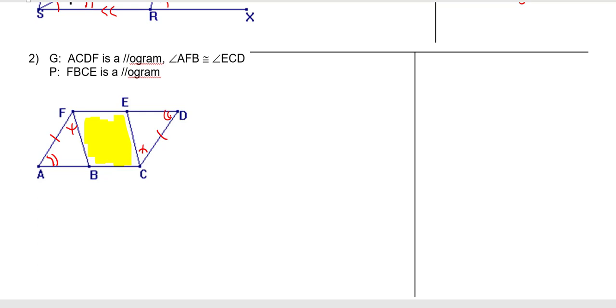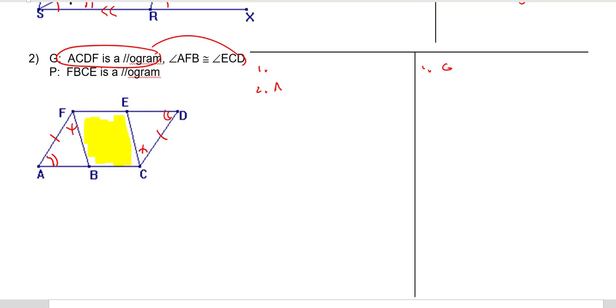Okay, so let's take it from there, and then let's see all the different options that I have here. So I can start by saying that I have a parallelogram, and so that means that AF is congruent to CD. Opposite sides are congruent.